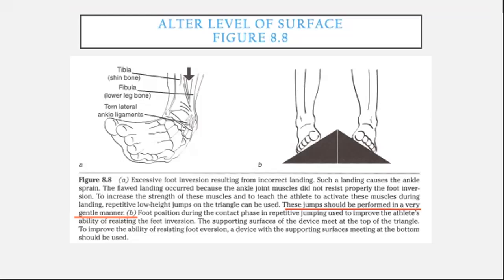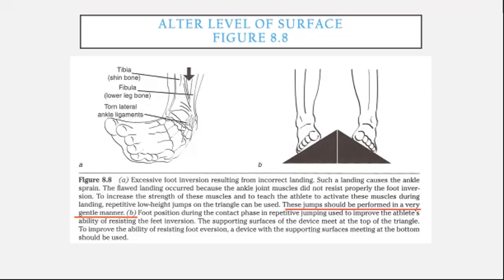So we want to improve the strength of the muscles to teach the athlete to activate the muscle during landing on irregular surfaces. And as it's underlined in this image, these jumps should be performed in a very gentle manner at a very low height to improve the ability to resist foot inversion.